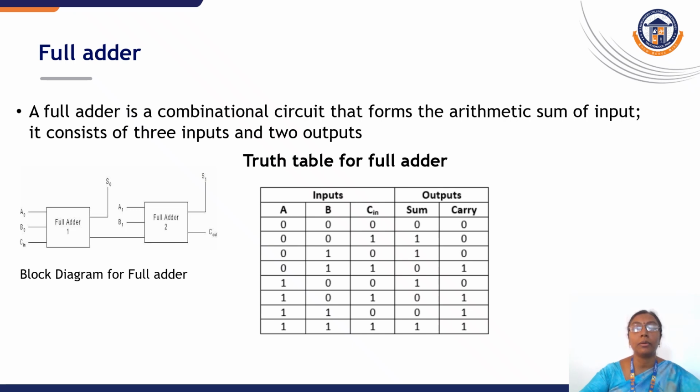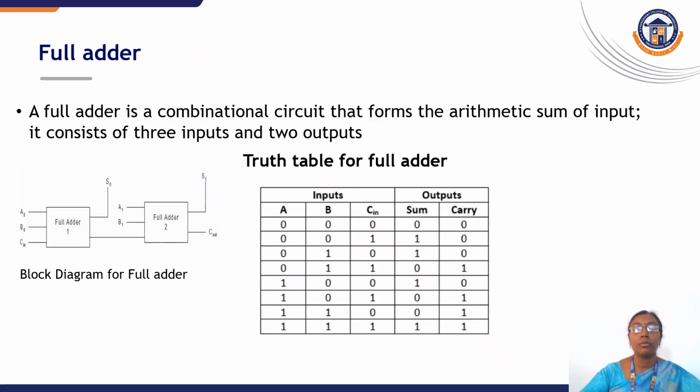Further the result will be added with Cn. So 0 plus 0 is 0. Once again the result of A plus B is added with Cn, that is 0 plus 0, so that sum and carry will be 0. And 0 plus 0 is 0, then 0 will be added with Cn, that is equal to 1, so that sum will be 1 and carry will be 0.